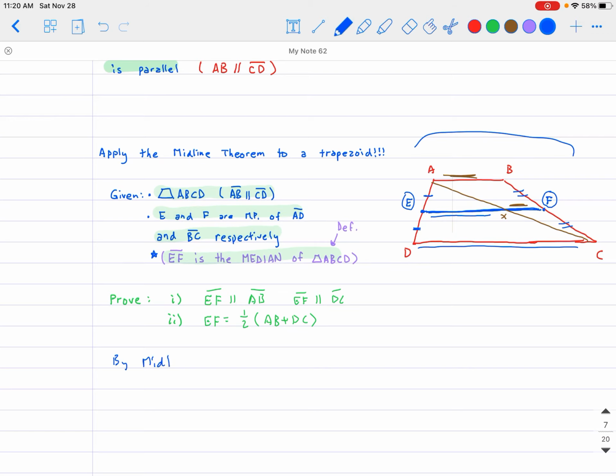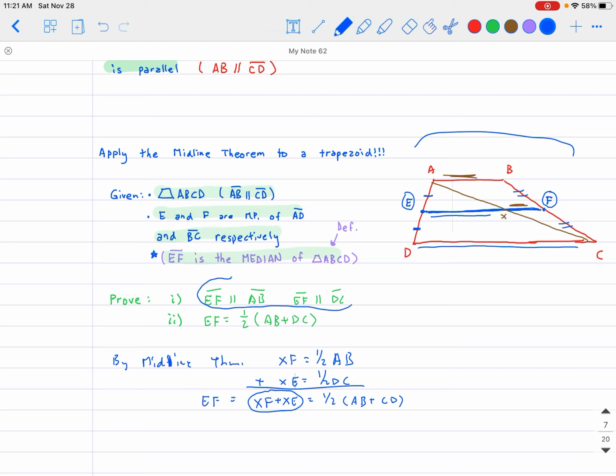By the midline theorem, we can say that XF is equal to half of AB, and we also can say that XE is equal to half of DC. If we add them up, XF plus XE is equal to 1/2 of AB plus CD. And this, according to the segment addition postulate, is the same thing as EF. So there it is. That's going to be our proof.